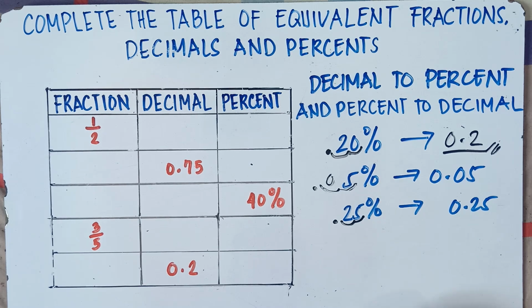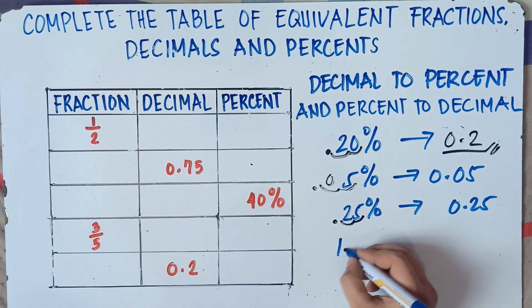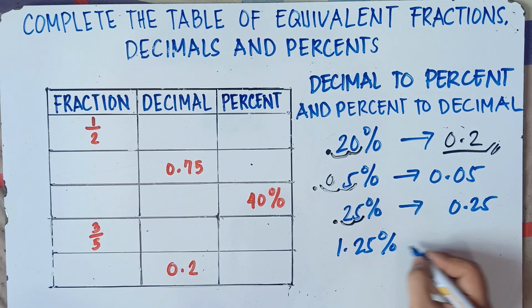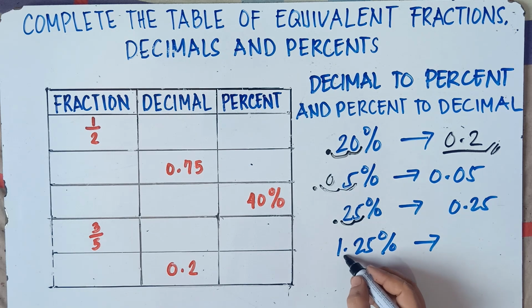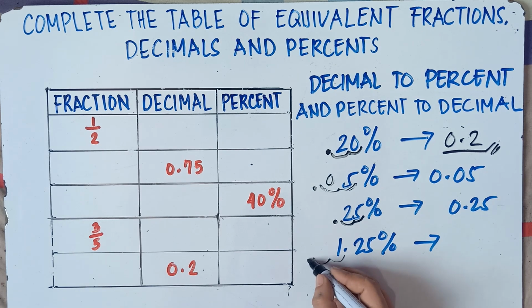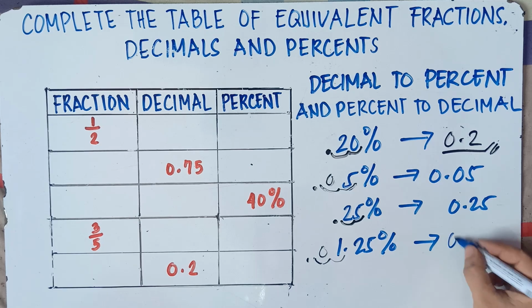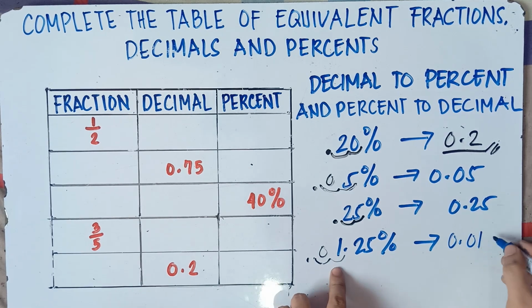Alright, so let's try the last example, class. What if I say 1.25%? How will you convert this one into decimal? Once again, just simply move the decimal point right to left twice. 1, then 2, then point. You add 0. This will be 0.0125.